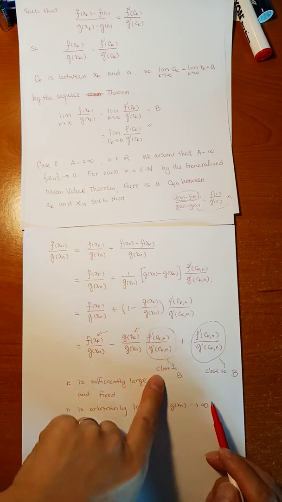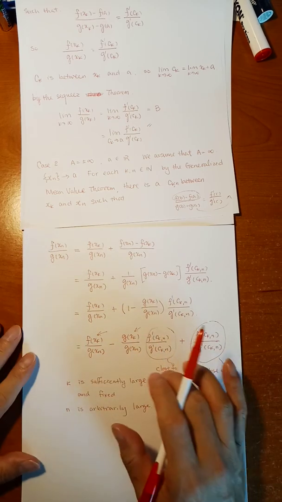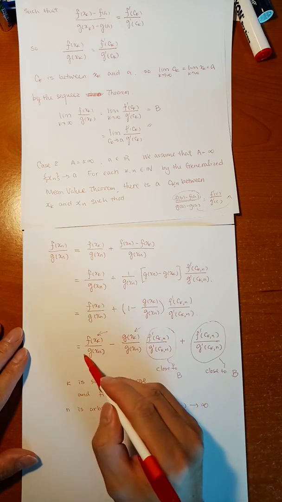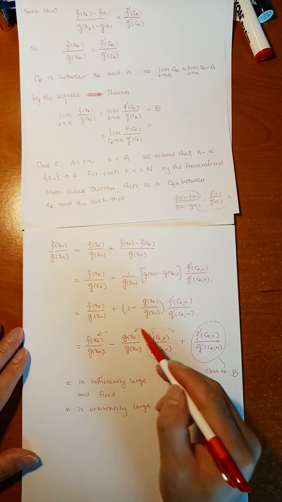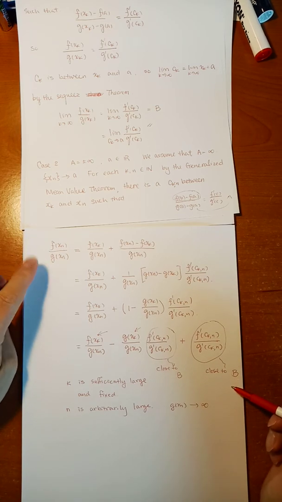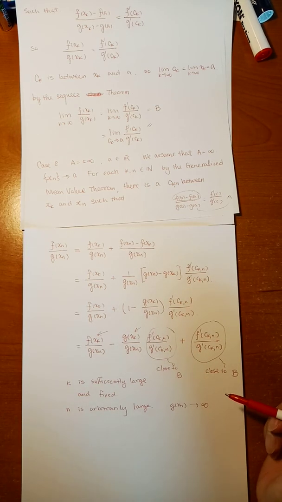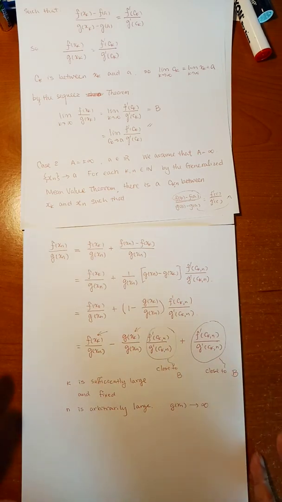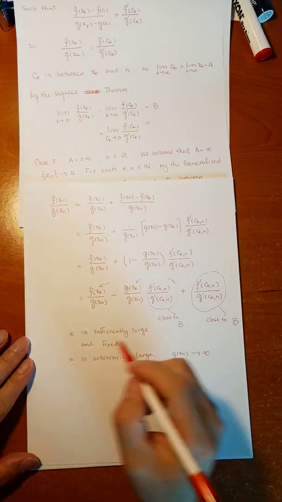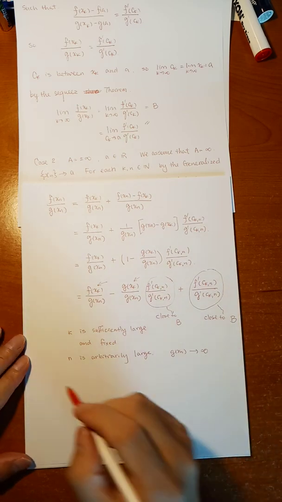Even though you multiply it by a constant b, it's still a fixed number. So it makes this small enough that you can ignore it. You only leave b here, and this b is the limit of f(xn) over g(xn). That is an idea. So here we see the concrete, detailed proof.